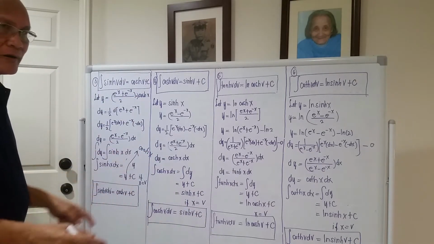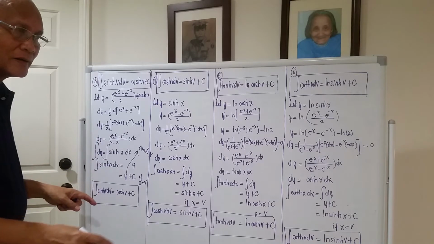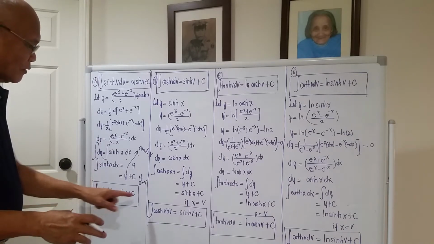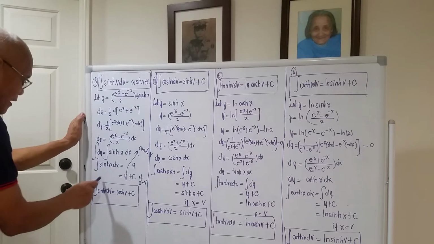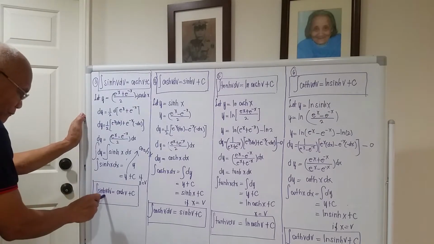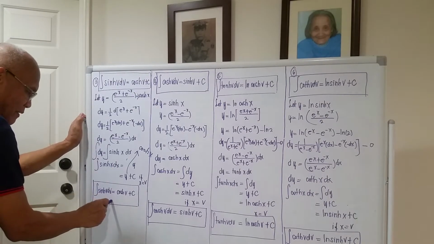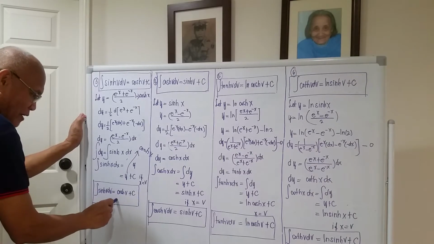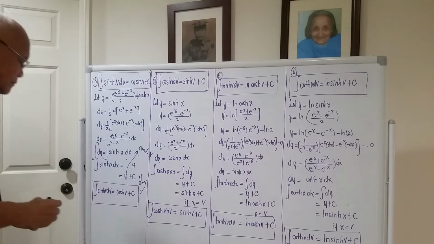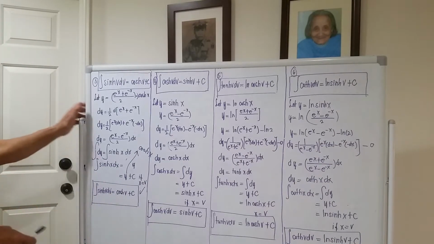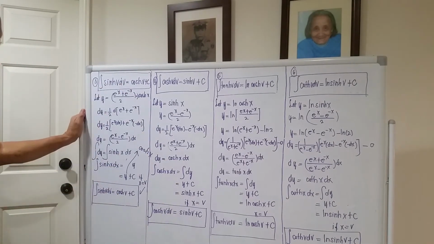So to bring out the general formula, we will let x equal to b. Therefore, the integral now of hyperbolic sine of b db equal to hyperbolic cosine of b plus c. That's it. That's formula number 3.